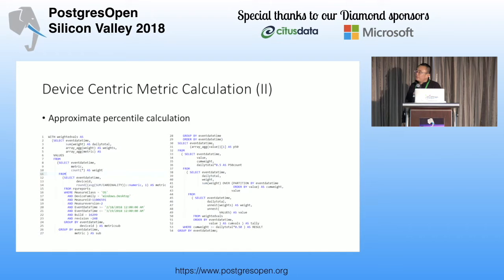The other reason I show this query is that about a year ago, after I realized I can implement a percentile calculation in SQL like this with Citus, I was sold on Citus, because this was a test. I said, okay, if I can do this, I can do a lot of other things, right? So I was very excited about Citus itself and about the whole validity of the Postgres ecosystem.